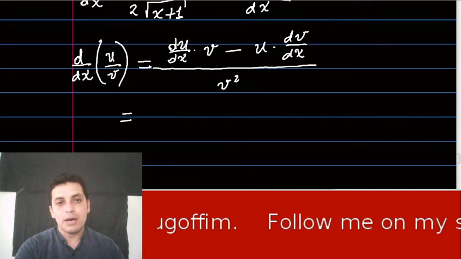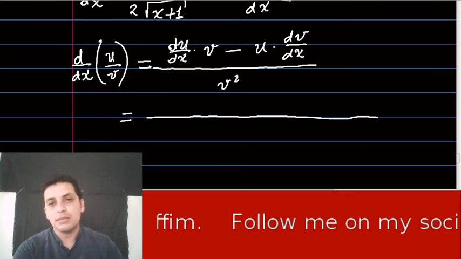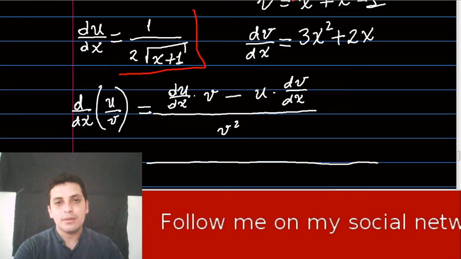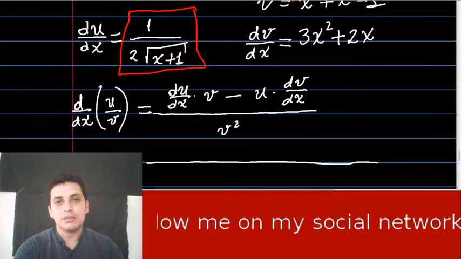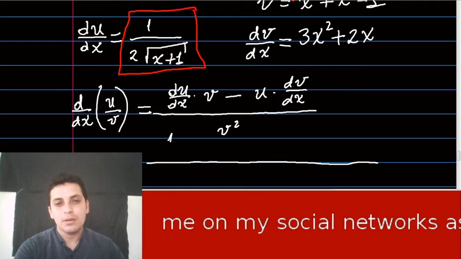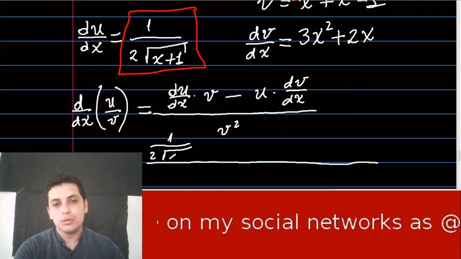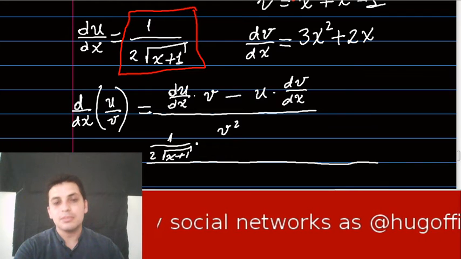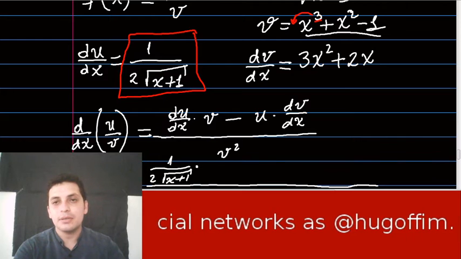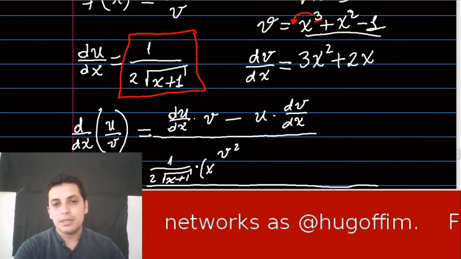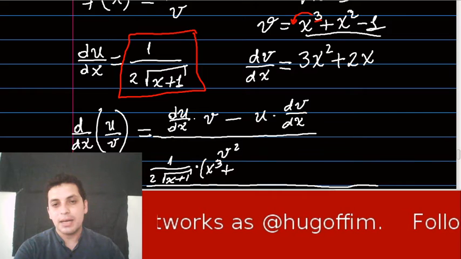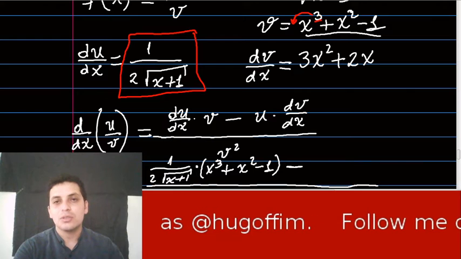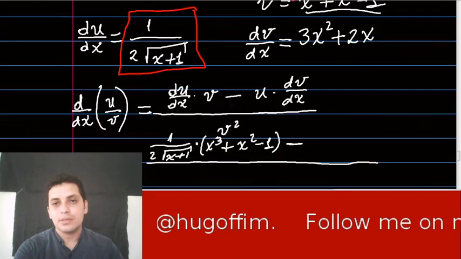So now I'm going to do this process of replacing information. I have here du dx, so I'm going to write it: 1 over 2 root of x plus 1, times v. So v, I have v here, so times x cubed plus x squared minus 1, minus u, root of x plus 1.